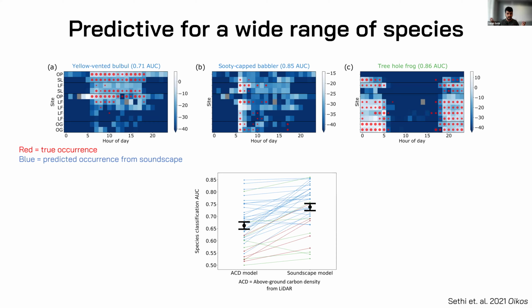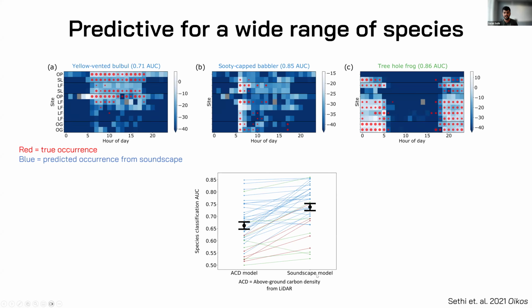You might say, well, there are other ways of detecting habitat suitability, and perhaps acoustics is not the best suited. So what we show here is the species classification AUC for every single different species in our data set, which were herbivorous and apivorous species, using ACD, which is above-ground carbon density from airborne LiDAR scans. So airborne, not satellite-borne, crucially, very high quality LiDAR scans of our forest.